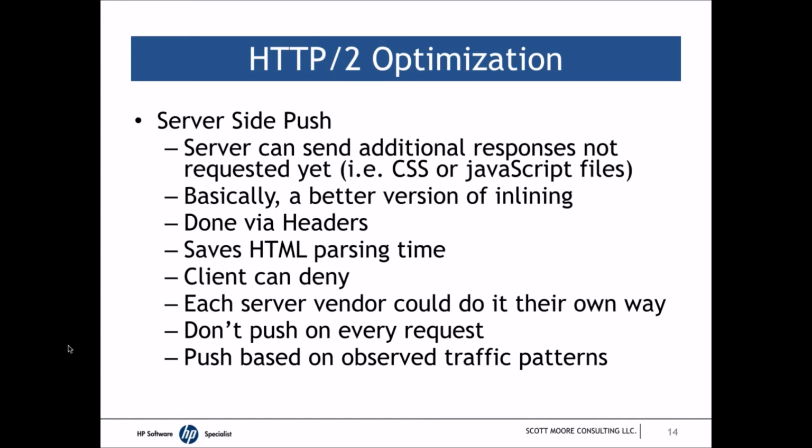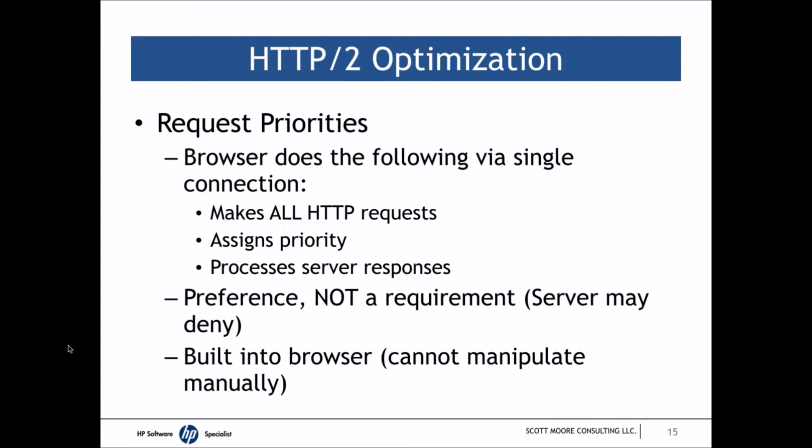On the other side, you've got the client side, which is request priorities. Now, you don't see a whole lot of talk about this yet. I'm starting to see more and more about it, but it's basically the browser. You can almost think of it like a hierarchical tree or XML tree with subtrees and algorithms that are going to be smart algorithms to know what they want and how to prioritize different resources in a certain way that will make that page render faster.